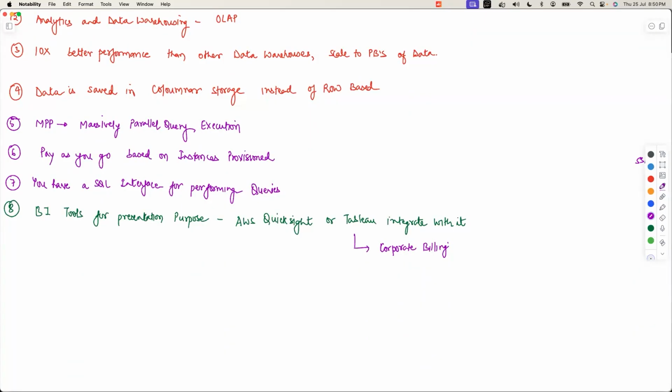And majorly, especially if you talk about Redshift Spectrum, there is a combination of leader node and compute nodes. Okay, let's stick to this first. We'll come to that later on.